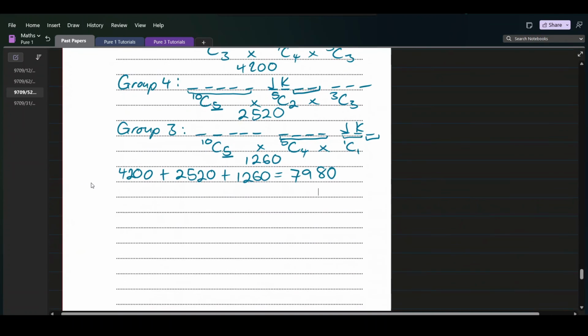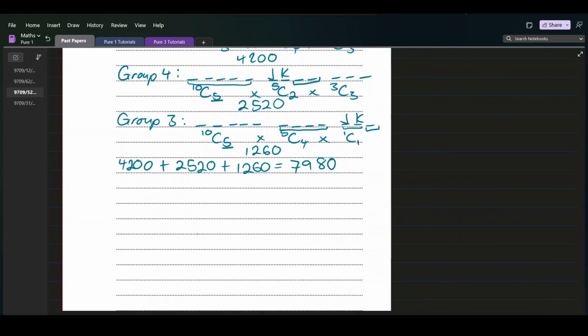Now let's find the total number of selections when there are no restrictions. So we have our group of 5, our group of 4, and then our group of 3. We've got 12 people and we're choosing into 5 slots. Since we've selected 5 people already, 7 people remain and we're choosing them into 4 slots.